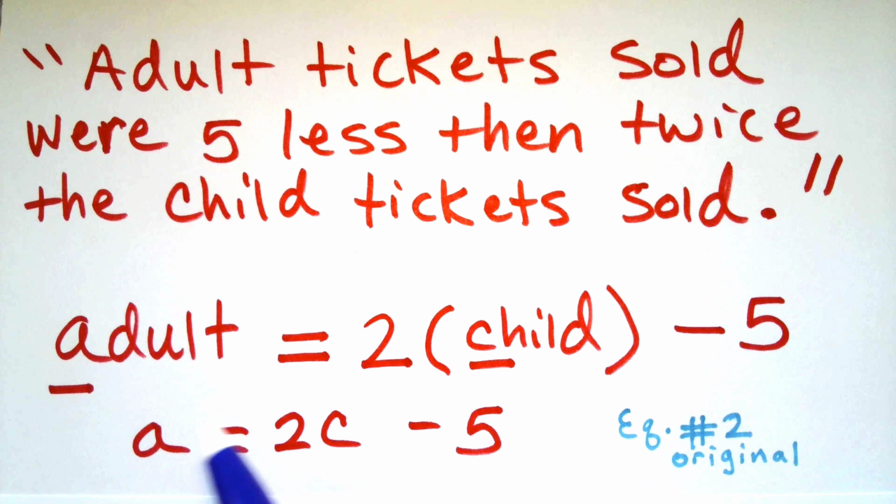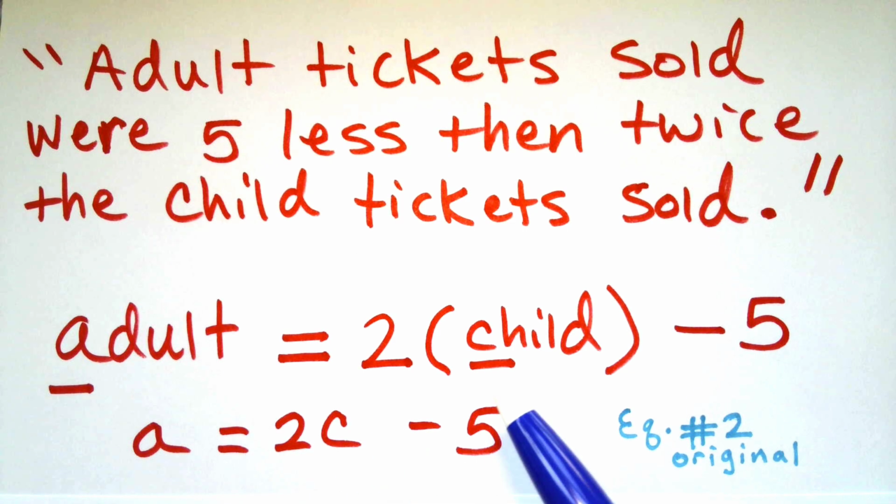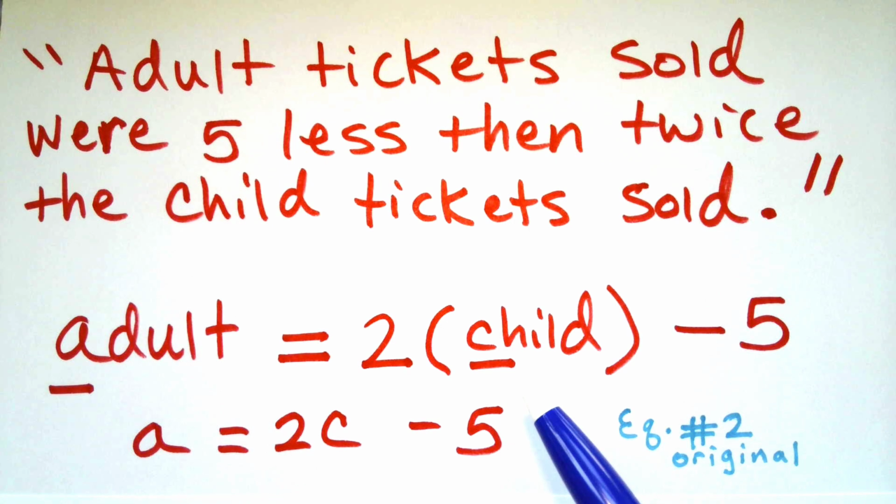So again, you could substitute options A, B, or C answers for adult tickets here. Set it equal to 2 times the children tickets. If the left side equals the right side, that's your option A, B, or C answer for this test question. Again, I'm not going to go over and show that. I'm going to solve using substitution method.